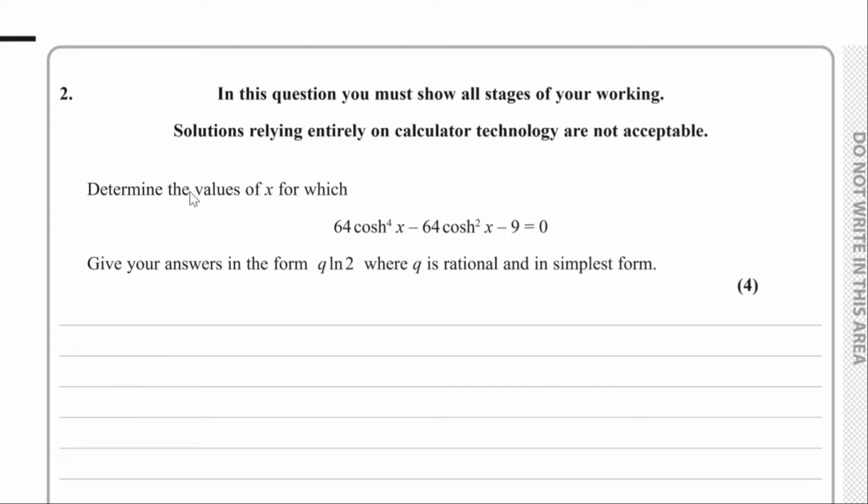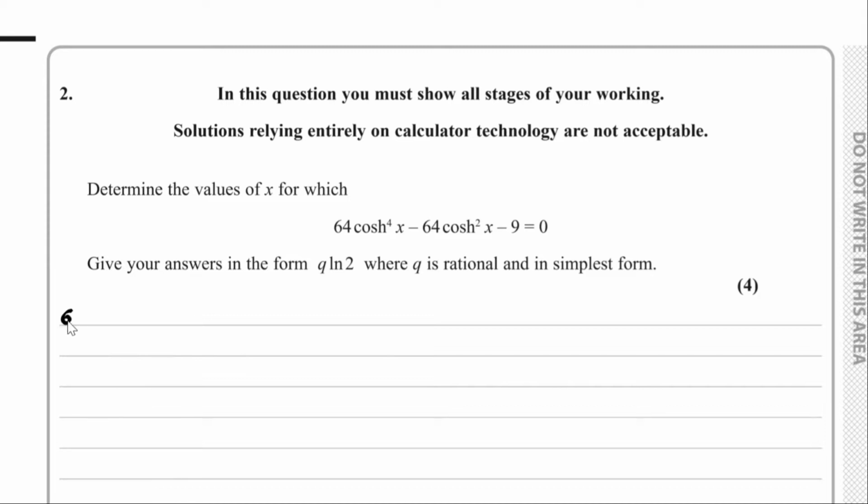Question number 2. We have to determine the values of x for which 64 cosh x to the 4 minus 64 cosh x squared minus 9 equals 0. Give your answers in the form q times the natural log of 2, where q is rational, and in simplest form.